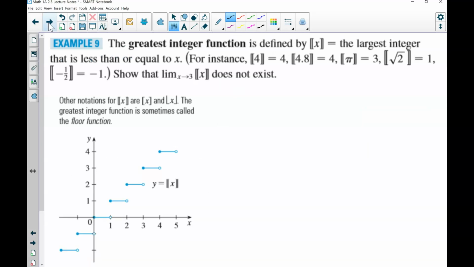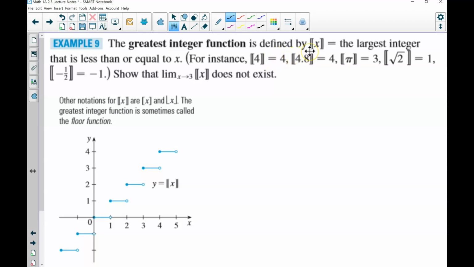Now let's take a look at example number 9, which is the greatest integer function, which is defined by the following. So you can see here the definition of that is equal to the largest integer that is less than or equal to x. For instance, the greatest integer of 4 is equal to 4.